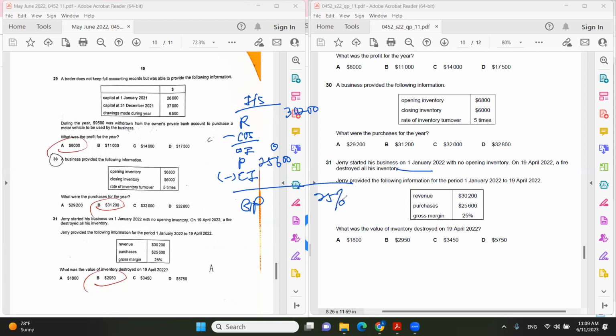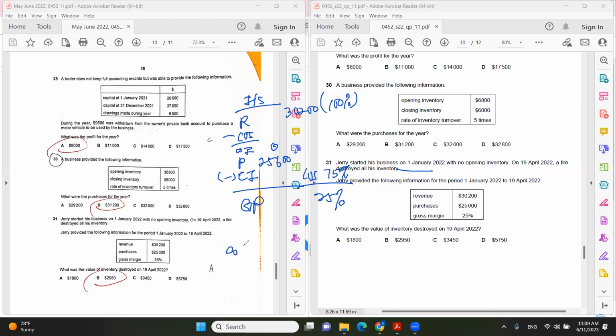Gross margin 25% means that revenue is 100%. Okay, we find using this information first. 100 minus cost of sales gets 25. That means cost of sales is 75%. 100 minus 25, 75. So using this 75 information, we find the cost of sales.